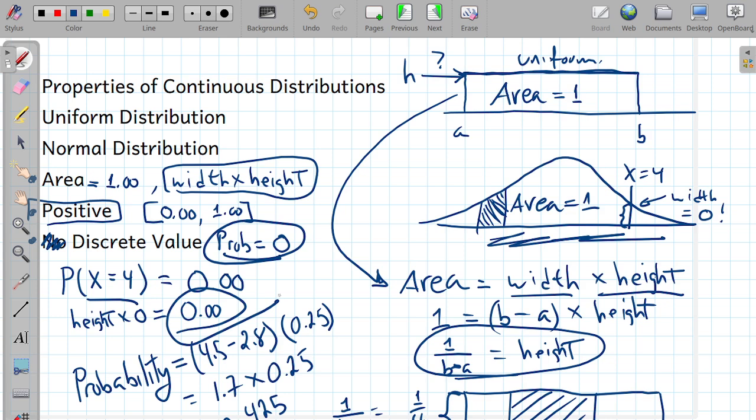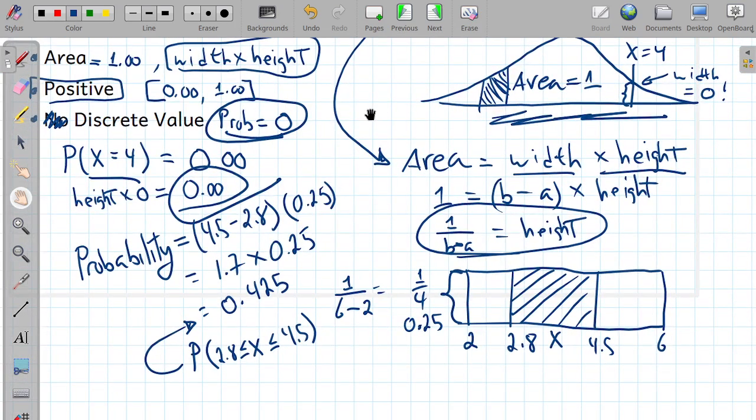Now you're saying, well, that sounds a little fishy. Well, equal signs, as I've written for x is equal to 4, evaluate to 0, but what I'm really getting at is what I wrote down here. Here I have less than or equal to, and here I have less than or equal to. This is what I'm talking about when I say equal signs don't matter. This could equivalently be written as x is greater than 2.8 and x is less than 4.5.